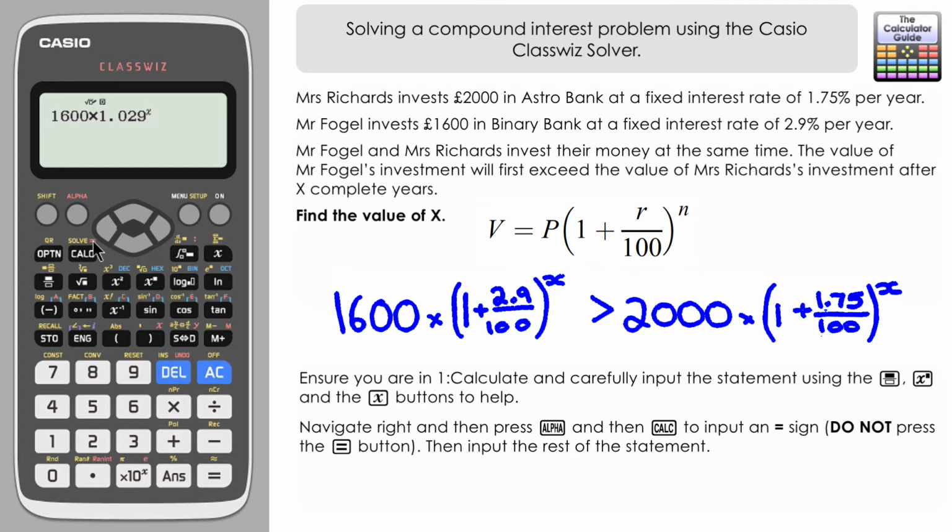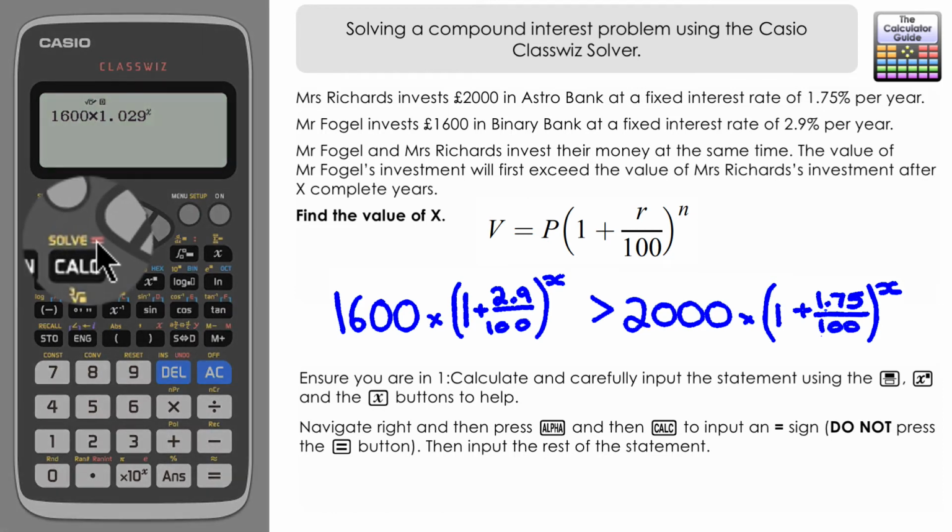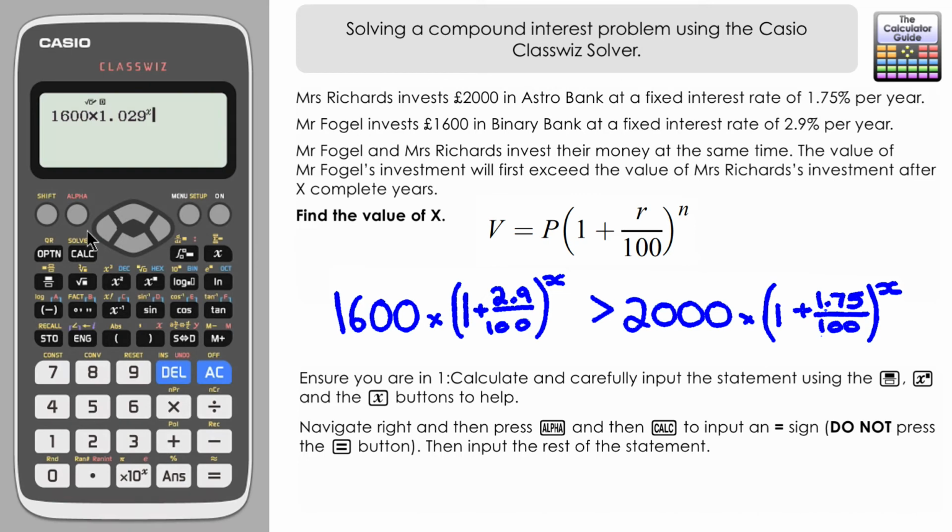Now, we can't use an inequality symbol, the greater than symbol, in the solver feature, but we can use an equals, and that will help us to find the critical value that we need. So if you press alpha and then the calc feature, you can see there's a little equal sign above that. That will put an equals where we have a greater than sign in the inequality.